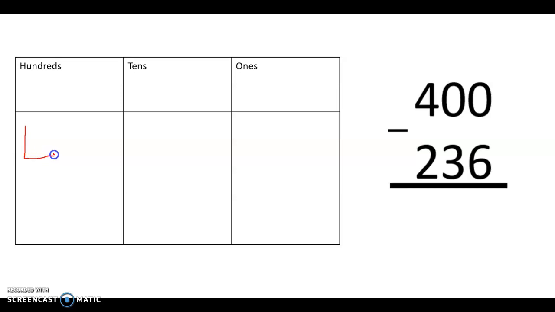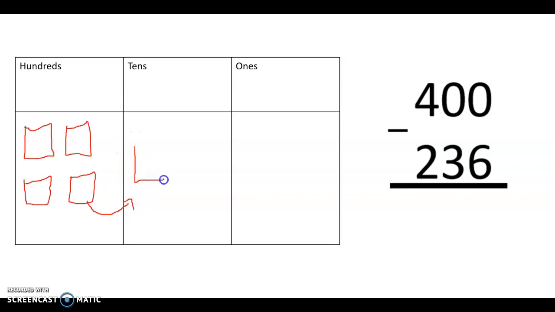So we're going to start with our 400. So here is 400. That's my number. There's 400 in the hundreds place, 0 in the tens place, 0 in the ones place. Well, I've got to take away from the ones place, which means first I need to bring this 100 over to my tens place.